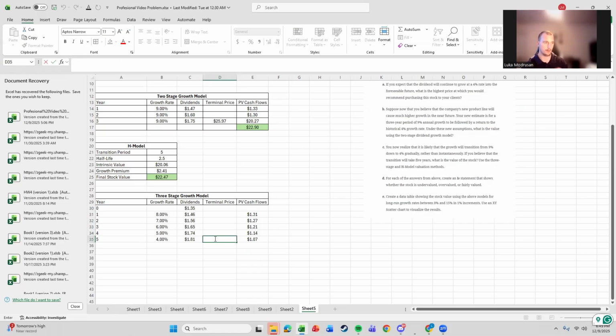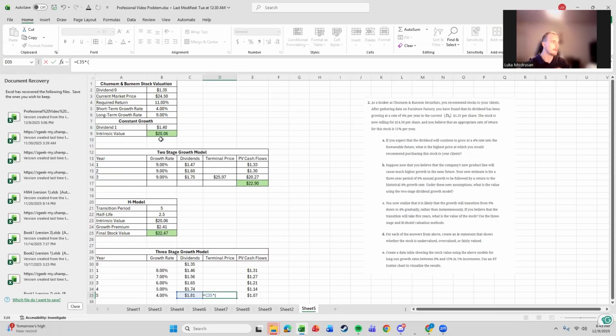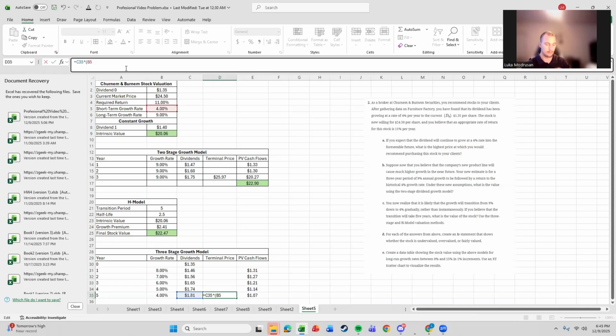And then right here, we're gonna do the terminal value: this times the growth, plus 1, divided by the required return minus the short term.